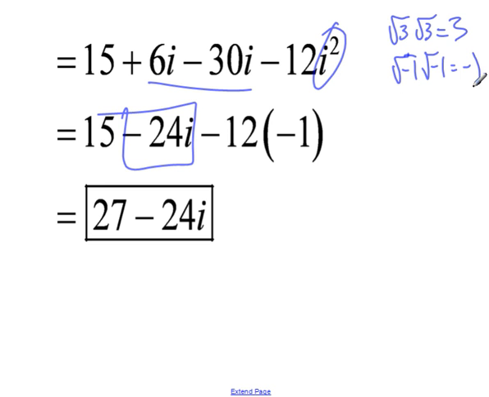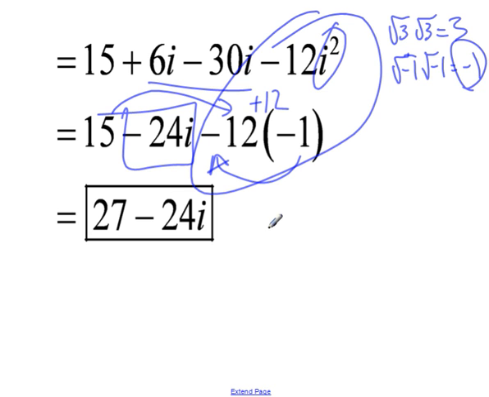So if we do i squared, it's just -1. And what that really does is just change that symbol in the front. So this becomes a positive 12, which we can combine with that 15 in front. So 15 plus 12 makes our 27 right here, minus the 24i from the middle. So this is the weird thing that's always going to happen to us.